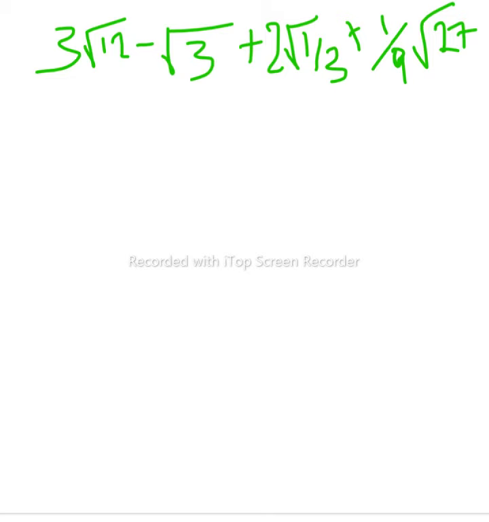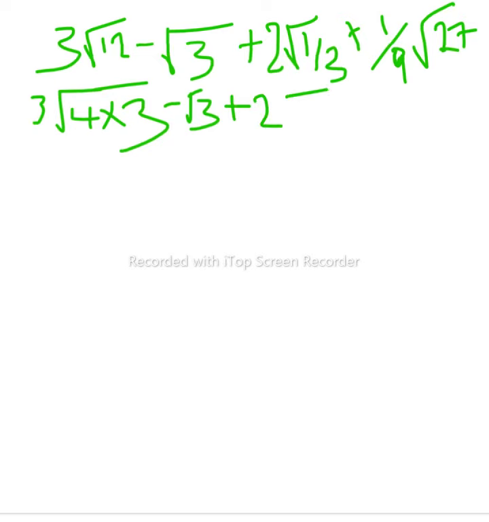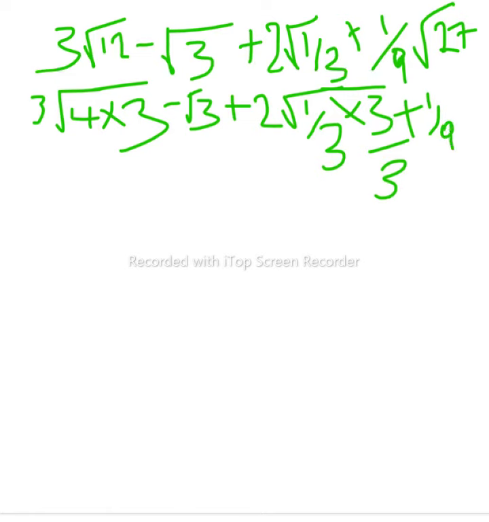We can write 12 as 4 times 3, then minus square root of 3, which is already simplified, plus we have to bring this also under radicals: 1 over 3 times 3 over 3, so we have 1 over 9, and 27 means the square root of 9 times 3.